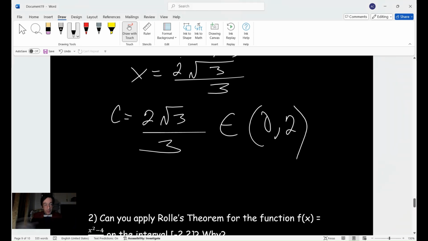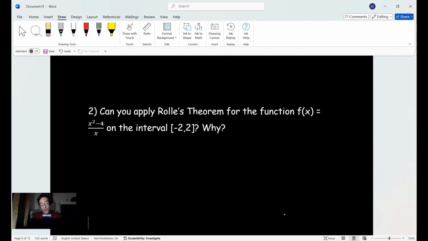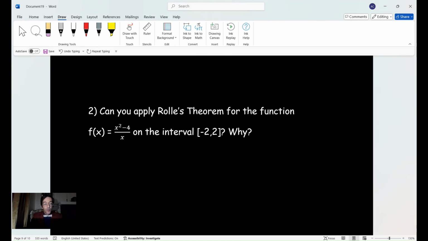The next question. So I've shared two, that's the first one. Here's another one. Can you apply Rolle's theorem for the function f of x equals x squared minus 4 over x on the interval negative 2, comma 2, and why is that? Well, again, we already talked about the conditions that must hold for Rolle's theorem. So f of negative 2 has to be the same as f of 2.